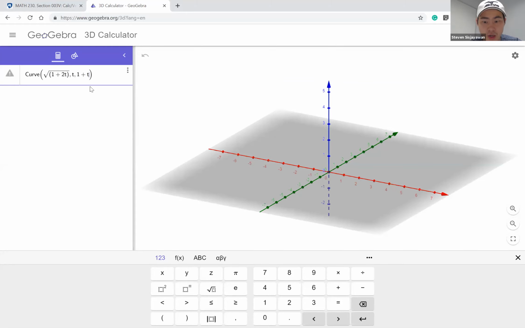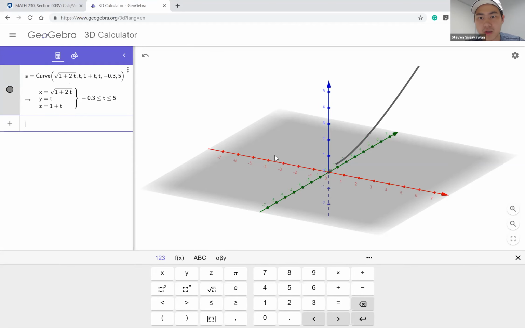And we're going to do it in terms of t, and let's put the range in between. It can't be less than negative 0.5, because you have to make sure that anything under a radical is greater than or equal to 0. So let's do negative 0.3, and go up to 5. Start off with that.